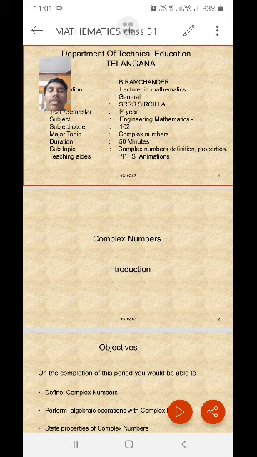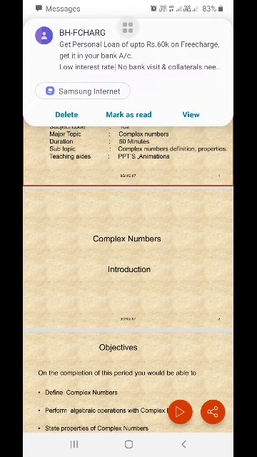So we are learning a big set. That means a big number set, that is complex numbers.